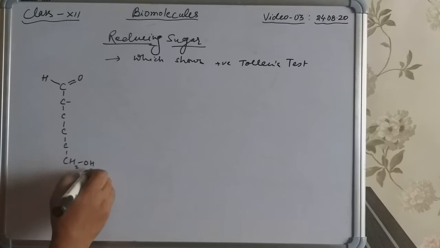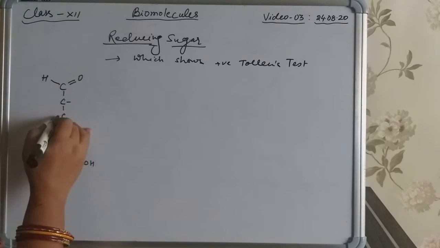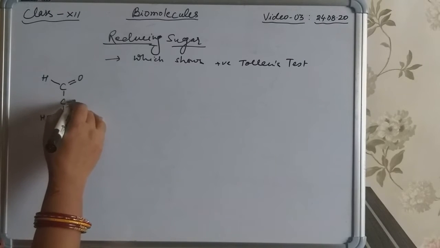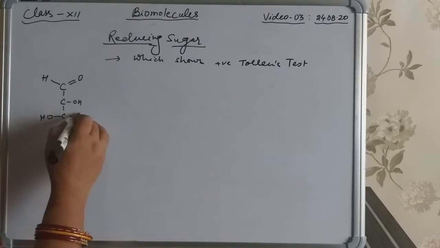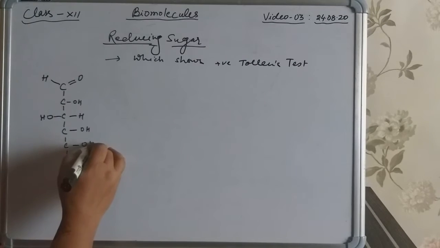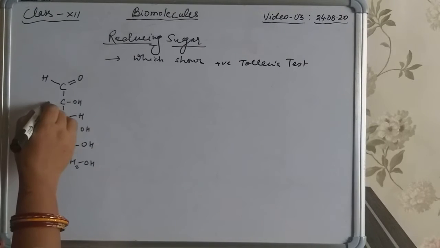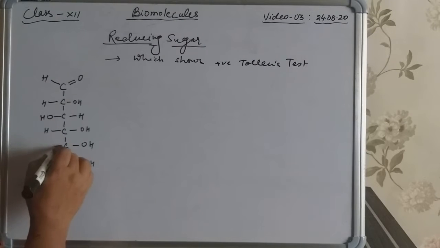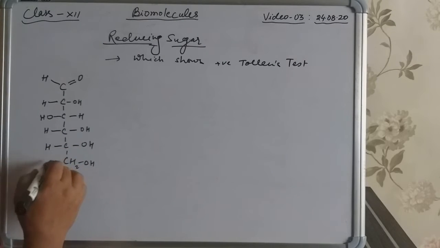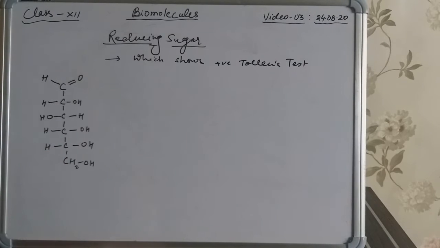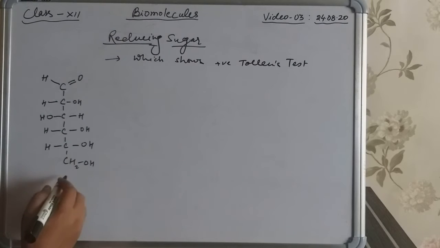As we discussed earlier, at position 3 the OH group is on the left side and all other OH groups are placed on the right side. Their conformation and the different chemical reactions of these functional groups were already discussed.